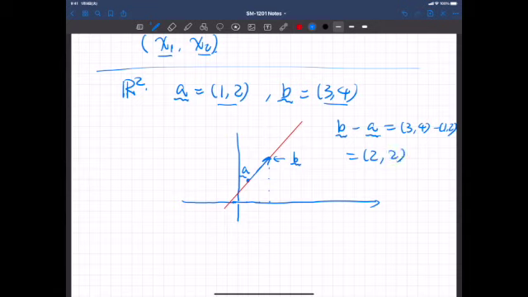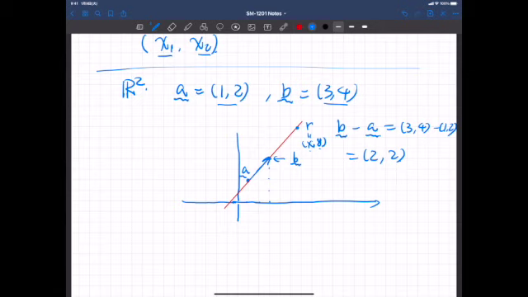Okay, and let's say if we take any point on this line, let's call it R. R has coordinates x and y. So what equation must this x and y satisfy?